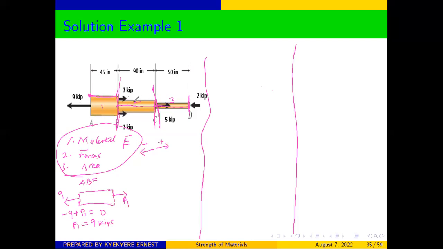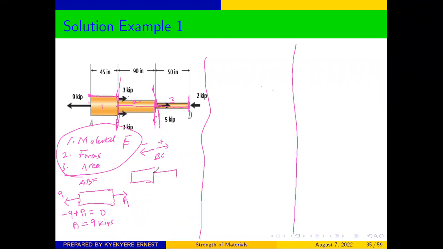We can also draw the free body diagram for section 2. Because you are determining the internal forces, all the forces here will affect the internal force in section 2. So we draw from the free end up to where section 2 ends. This is for section BC.